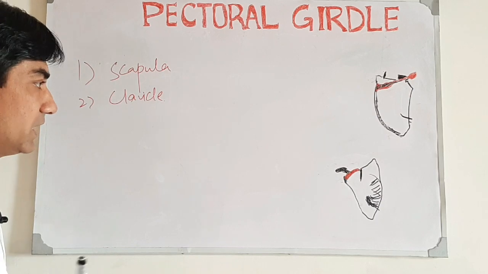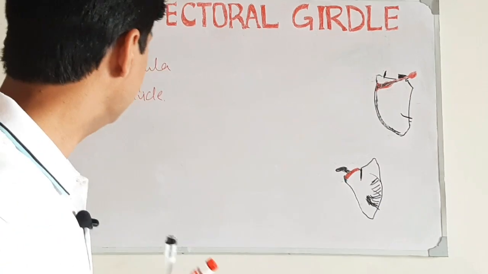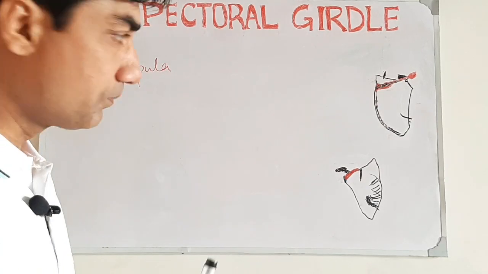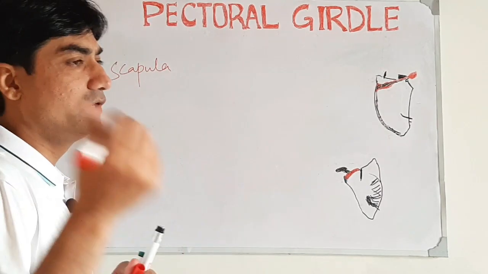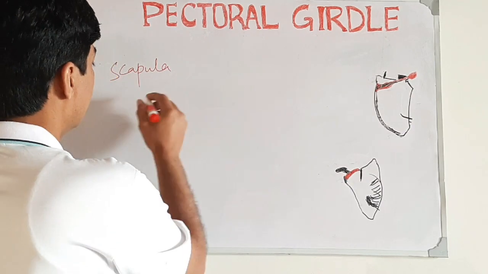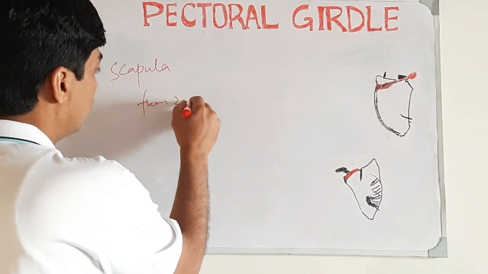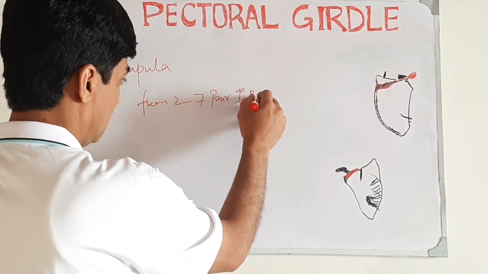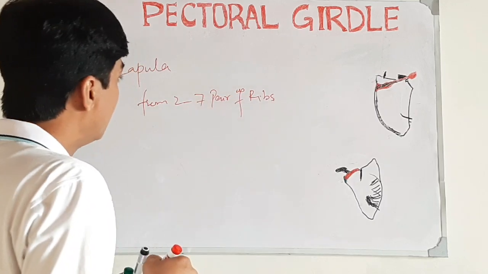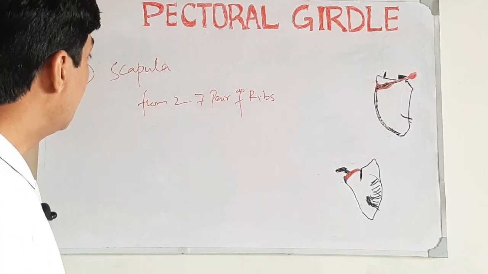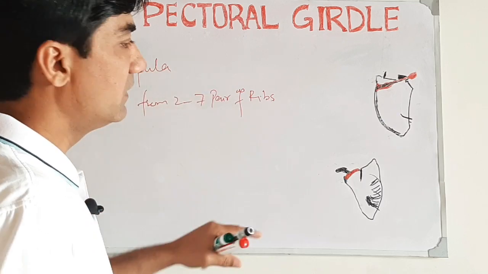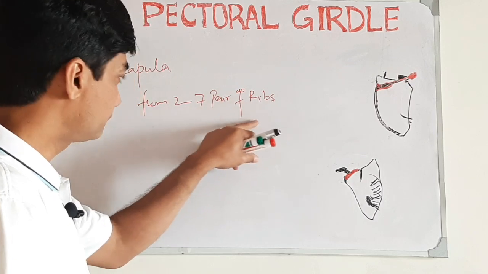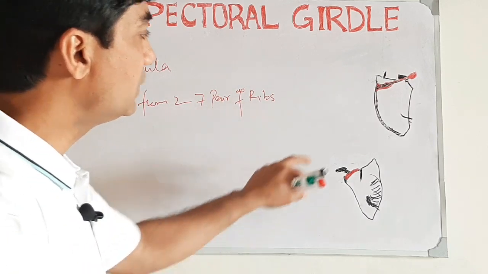Now we are going to look at the scapula. It lies posteriorly over the ribs, from the 2nd to the 7th pair of ribs. It is triangular in shape.